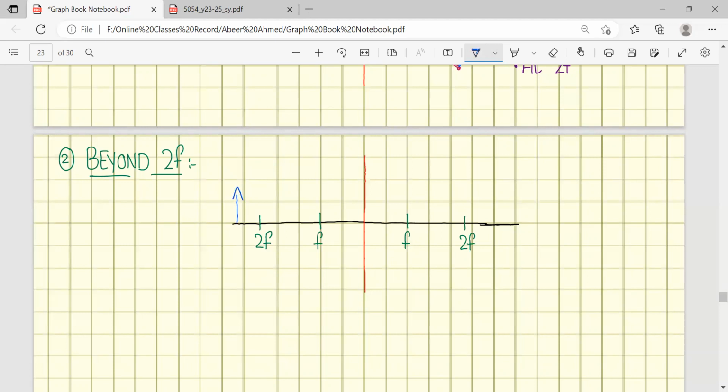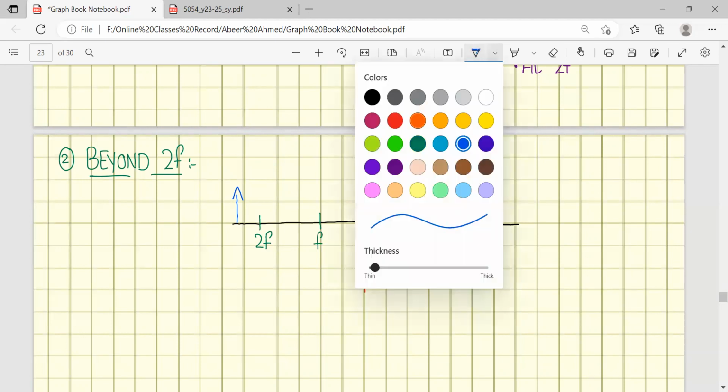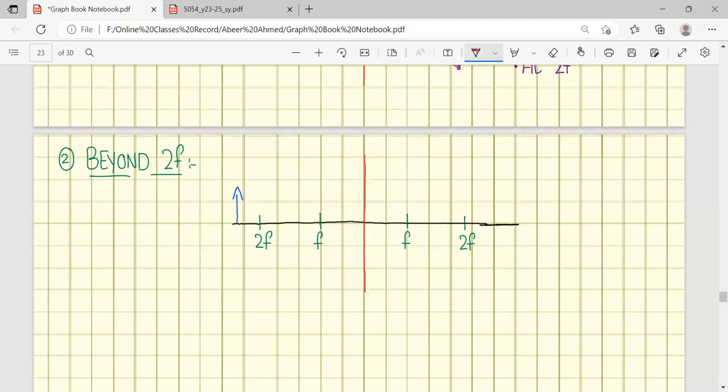ठीक है? So object को हमने place कर दिया beyond 2f. So now what will be the formation of image? Again, take the same possibilities of rays that are going to pass straight through the lens.